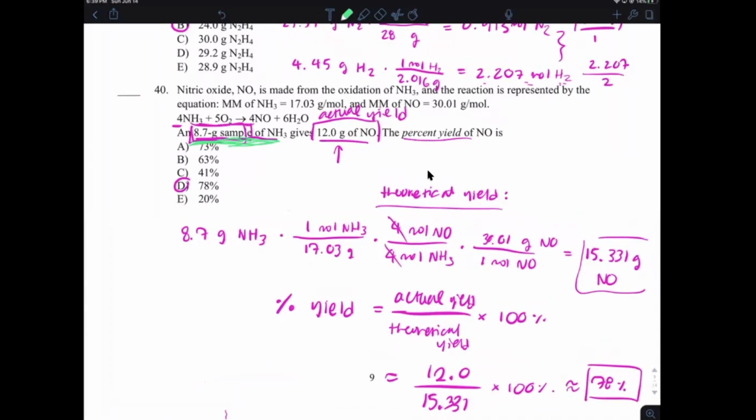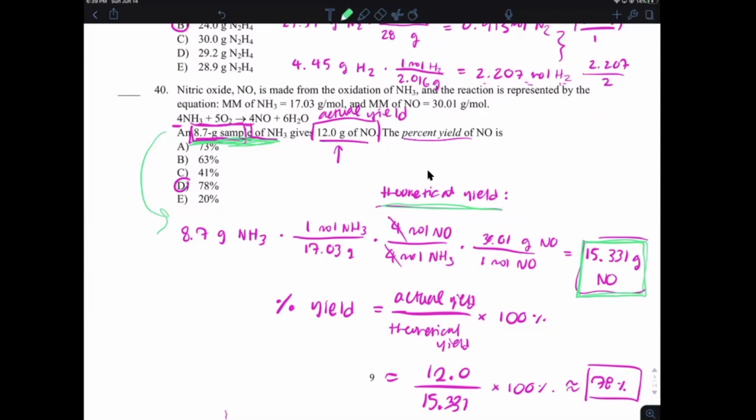So notice here, when we did this problem, if we had 8.7 grams of NH3, using all of it up in the best possible scenario, we would get this many grams of NO. So that's called our theoretical yield. In theory, we should get this much. But in labs and stuff, that doesn't always happen.